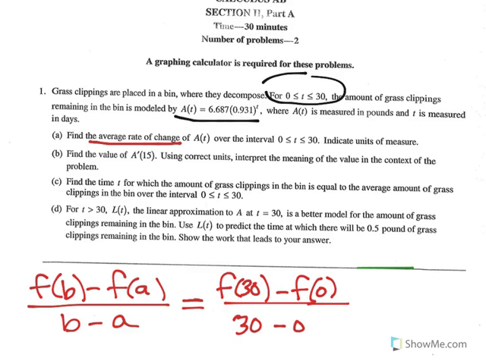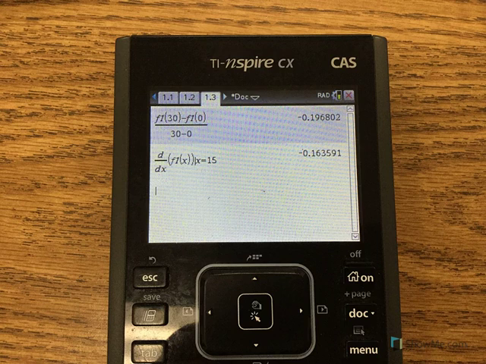Okay, the next part says to find the value of A prime of 15. So I'm taking the derivative of A, and I'm finding it at 15. I'm just going to go to my calculator. For this problem, I went to menu, derivative at a point, and entered the value 15 into the function, and got the answer back, negative 1.635.